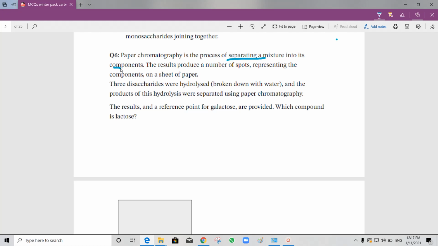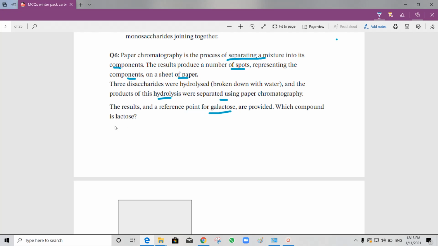So the results produce a number of spots representing the components on a sheet of paper. Three disaccharides were hydrolyzed, or broken down with water, and the products of hydrolysis were separated using paper chromatography. The results and a reference point for galactose were provided. Which compound is lactose?